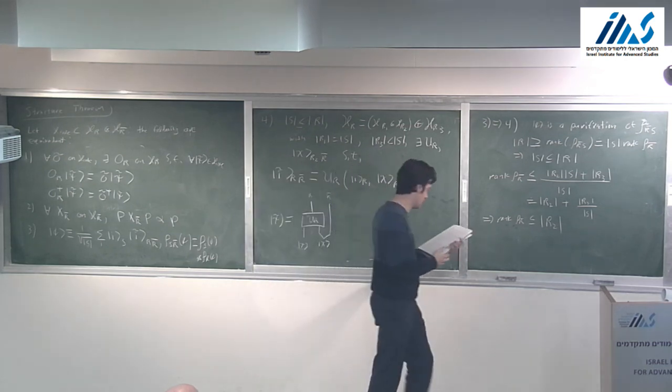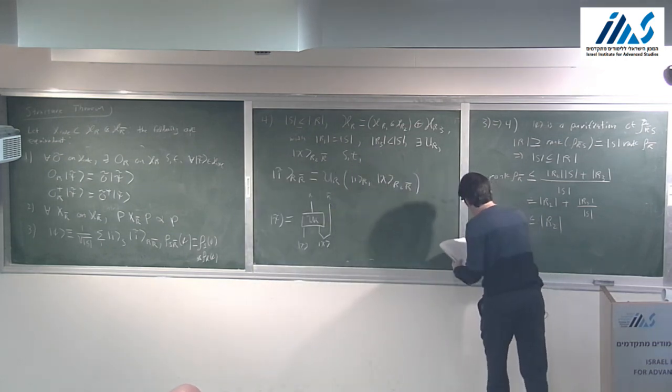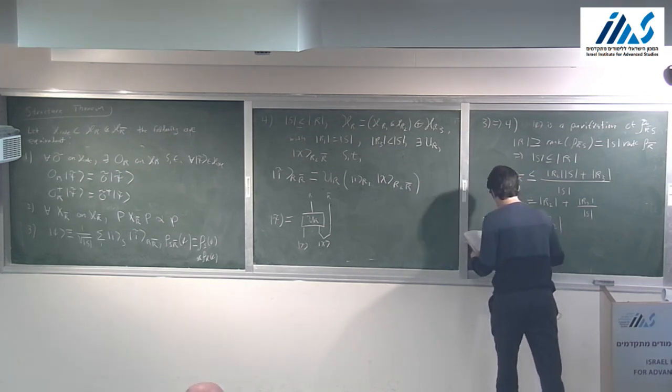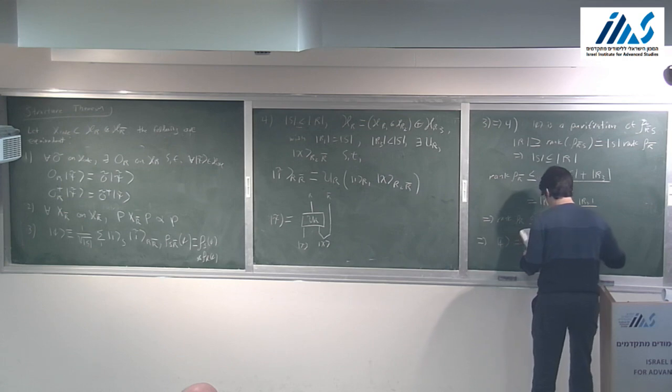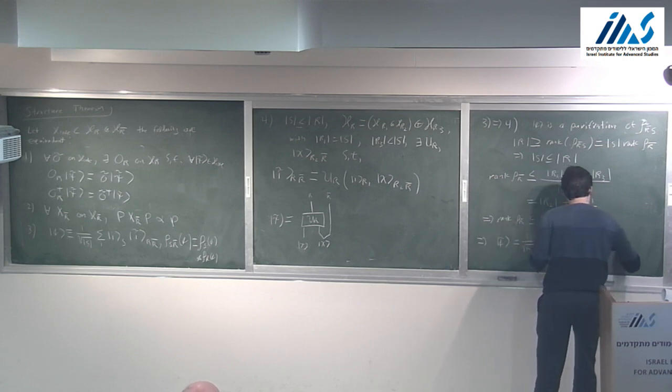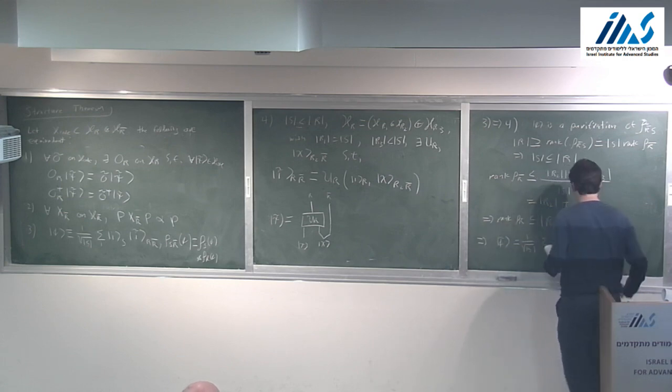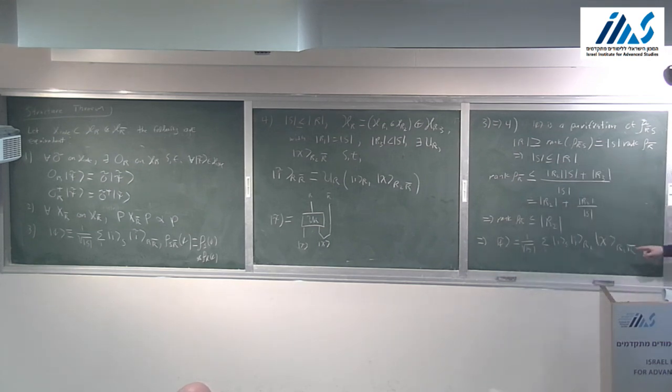So this means that I can write a state phi hat, which is equal to 1 over square root of S, sum over I, |I>_S |I>_R1 |chi>_R2 r bar. To be clear, the existence of the chi follows from this.